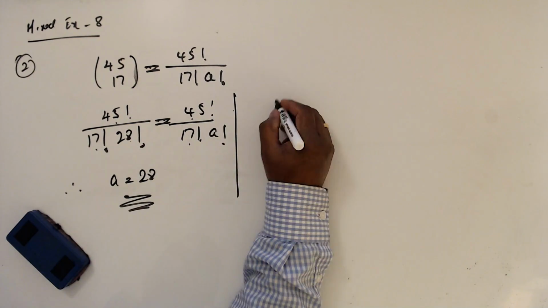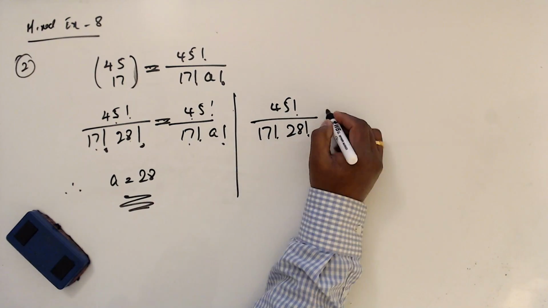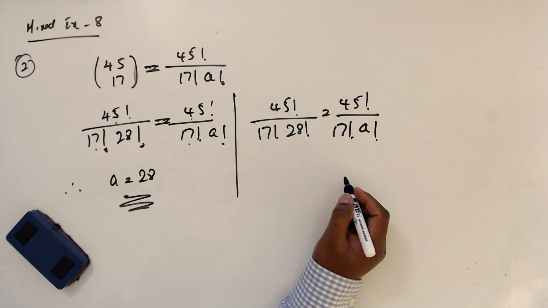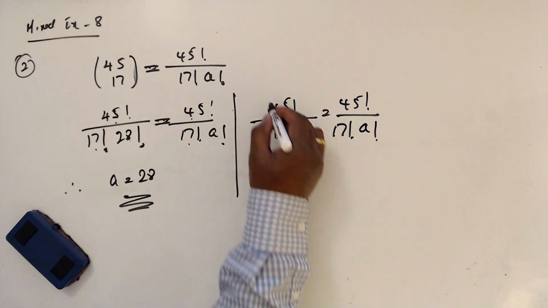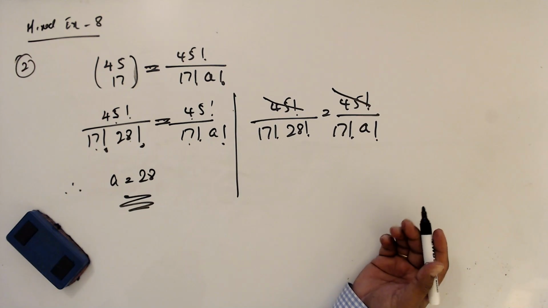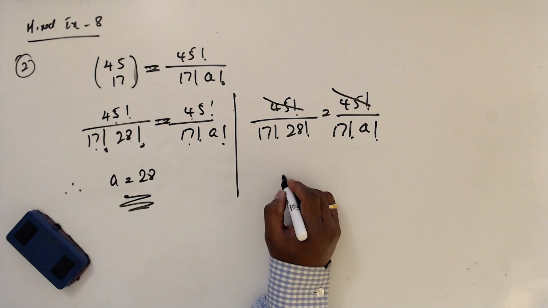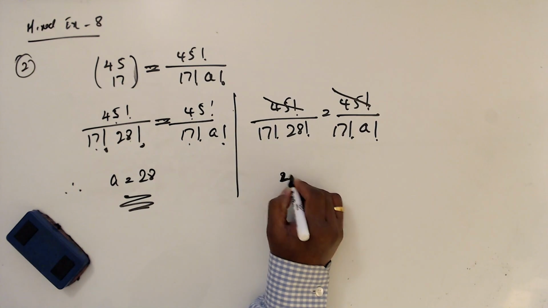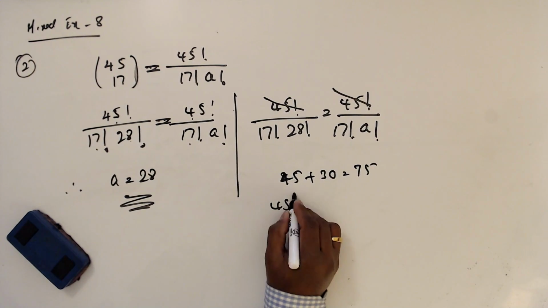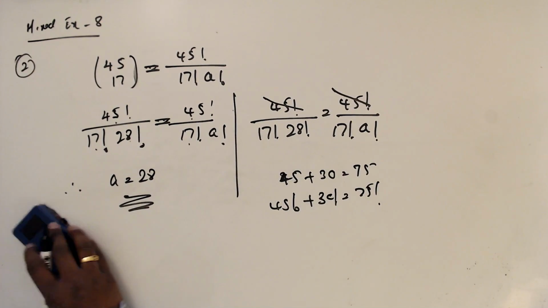This is also not wrong. We can cancel out those two. But there is no law of factorial calculation. We know that 45 plus 30 is 75, but there is no such calculation for 45 factorial, 30 factorial, 75 factorial.